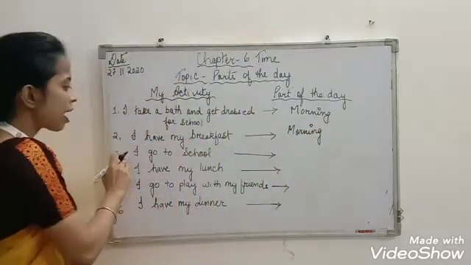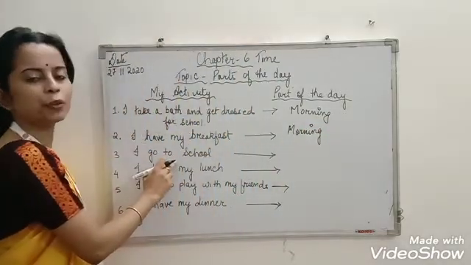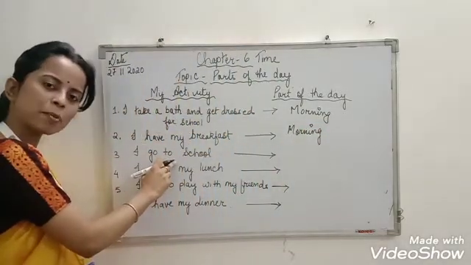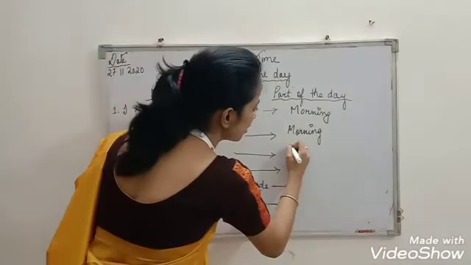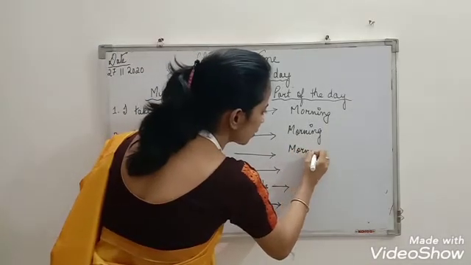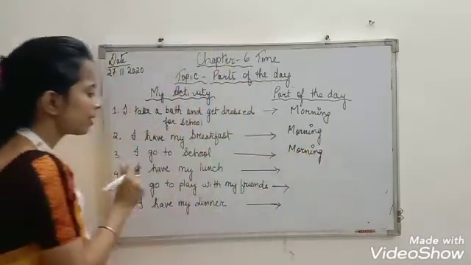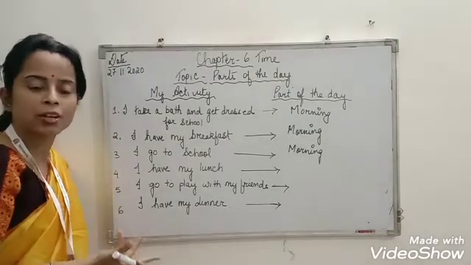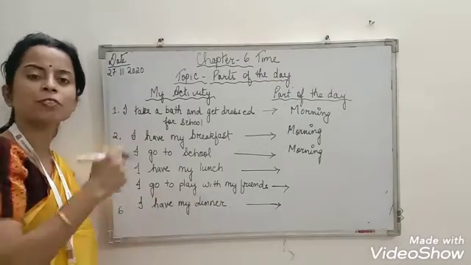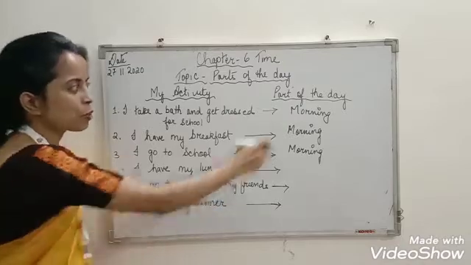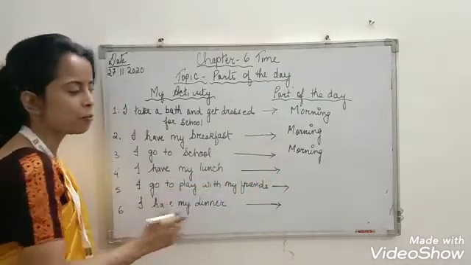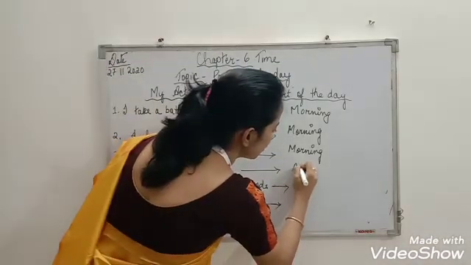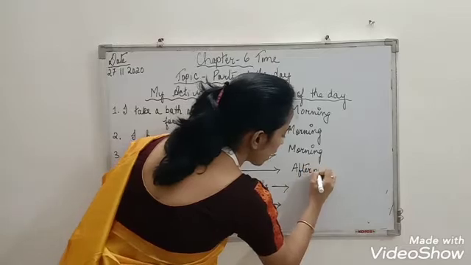Next, I go to school. When do you go to school? In the morning. Next, I have my lunch. When do we take our lunch? In the afternoon. So we write afternoon.